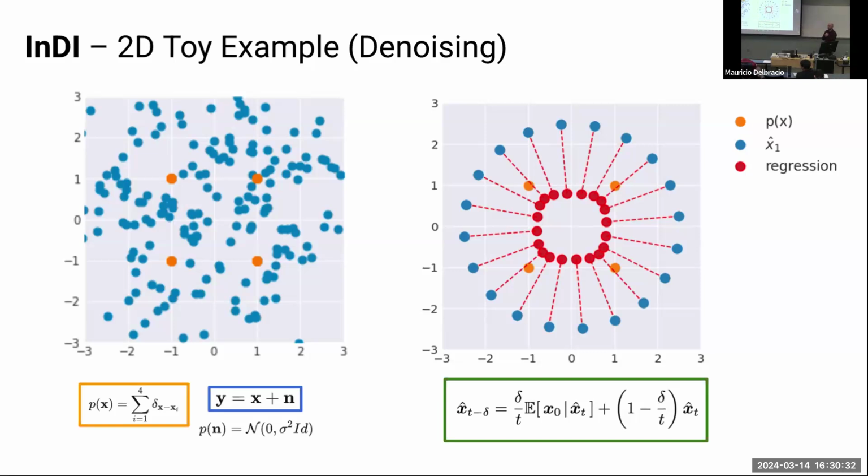Also, your prior is a delta function, right? You first select one of the deltas, and then add Gaussian noise. Yeah, it's the same, right? The underlying distribution of my observed data is this, which, if you want, is the convolution of this with the Gaussian kernel. That's my data.